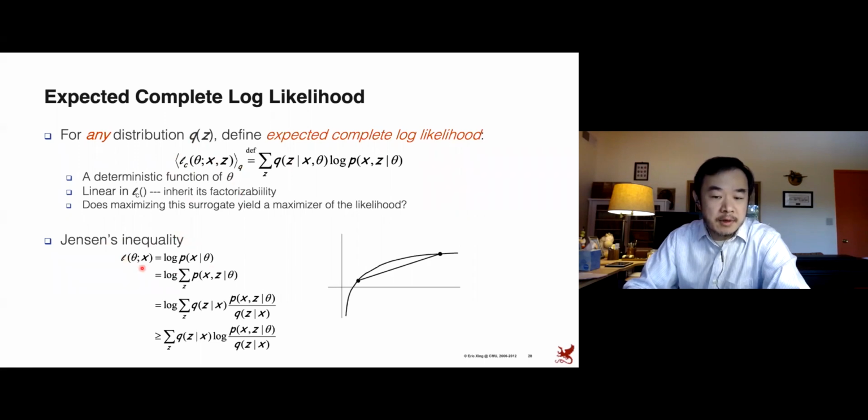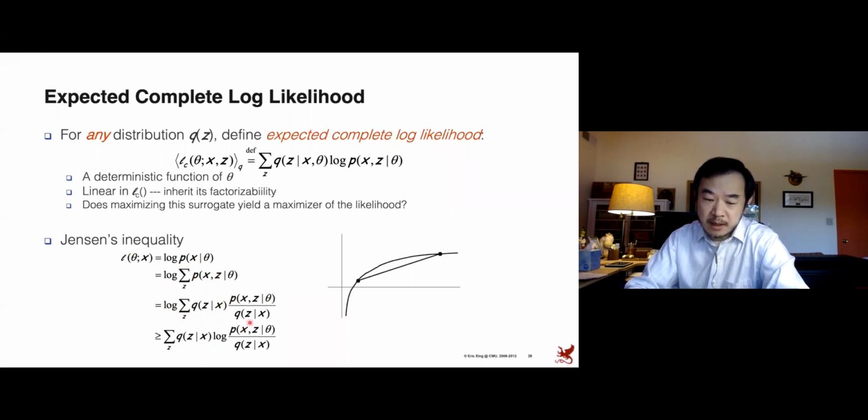Okay, which basically says that if you want to establish a relationship of the log of the sum of something versus the sum of the log of something, there is an explicit inequality relationship between these two. Okay, the log of the weighted sum of, say, anything.